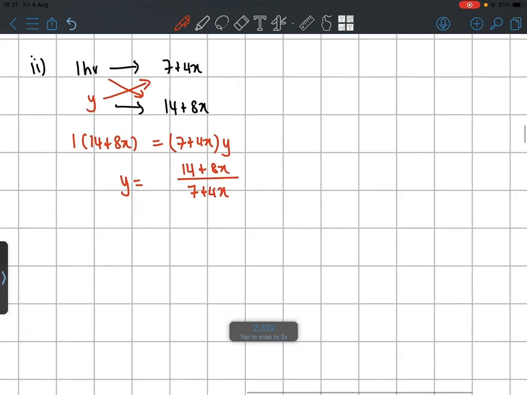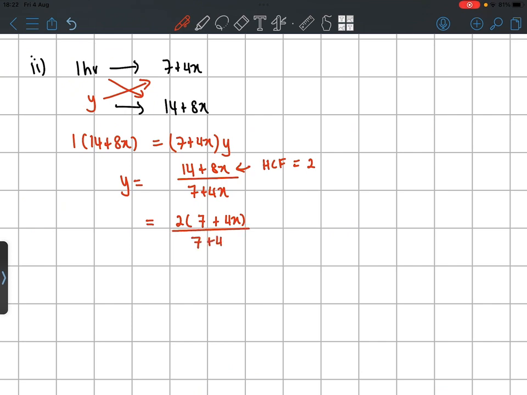Let's see if we can factor the numerator. The HCF for this is what? I guess it's supposed to be 2. So just take out the 2, we are left with 7 plus 4x in the bracket, and the denominator is 7 plus 4x, so we just cancel this.